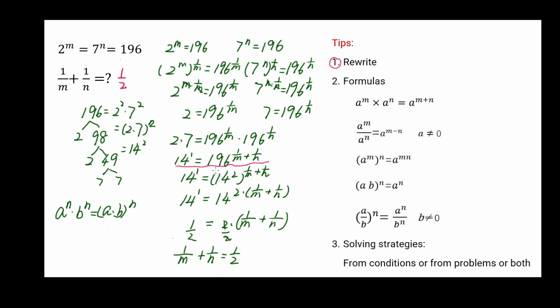After I rewrite 196 as 14 to the power 2, I recognize that 1 equals 2 times 1 over m plus 1 over n. Why? Because they have the same base. So rewrite is a very useful skill.